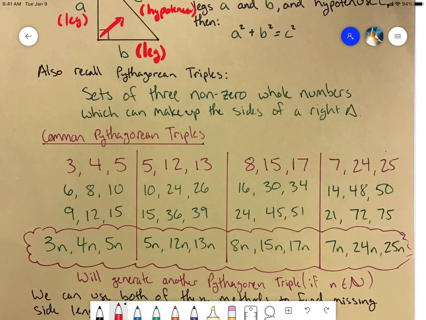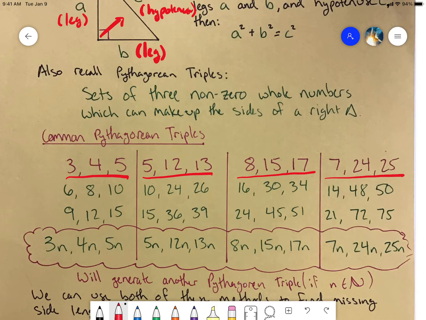Okay, so for some common Pythagorean triples, we have 3, 4, 5, we have 5, 12, 13, 8, 15, 17, and 7, 24, 25. If I apply the Pythagorean theorem, these are always going to create a right triangle.